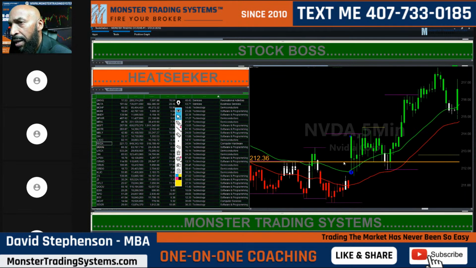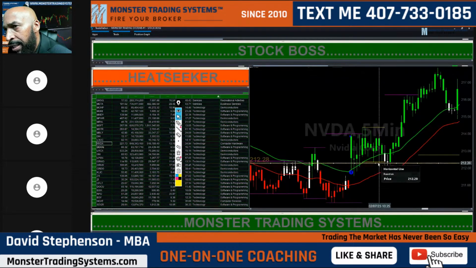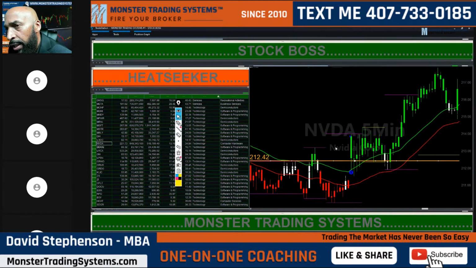So here's an example. Here is the support here, and we're going by this line here by the system, but I'm going to bring in this line so that you guys can see. Here is support right here. They push, and most traders will put their stop loss right below here. And look what happened.